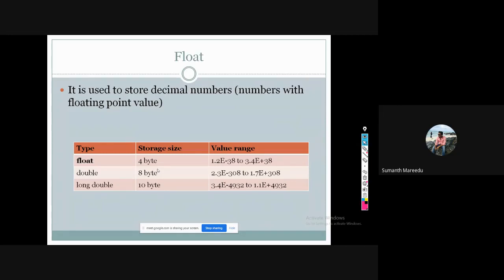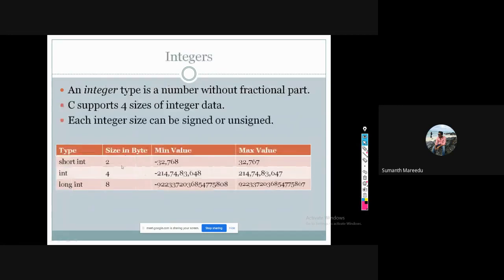Some machines will have a 64-bit operating system, so there the size will get doubled. That means short int occupies 4 bytes, int occupies 8 bytes, long int occupies 16. So there will be a difference.